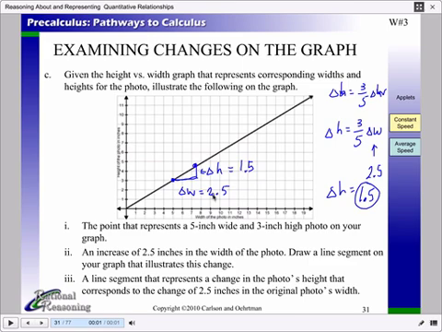I want you to do the same thing starting at a width of 14. Go. The photo that has a width of 14, represent increasing the width 2.5, and then the corresponding change in height.